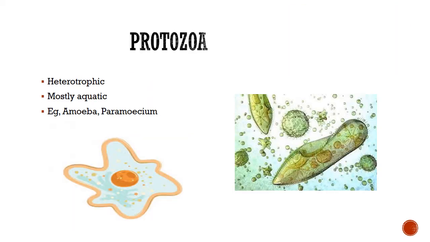Next is protozoa. They are heterotrophic, not autotrophic. So these are heterotrophic and they are mostly aquatic. Examples are amoeba and paramecium. In the lab, we put a drop on a slide and look at it under a microscope.